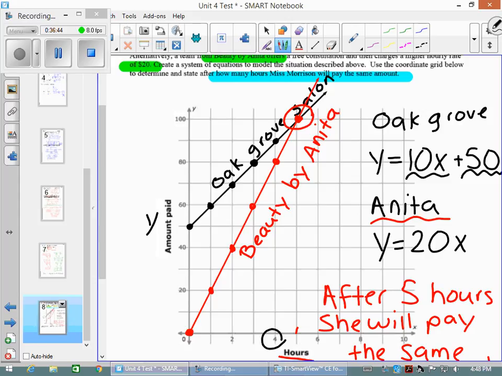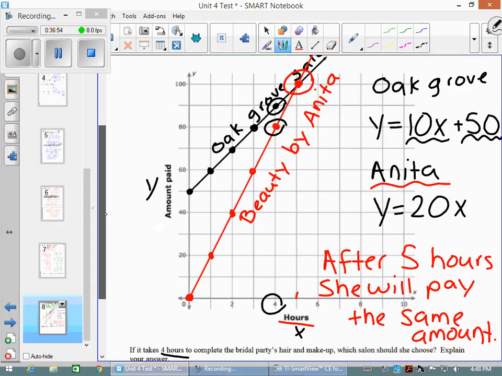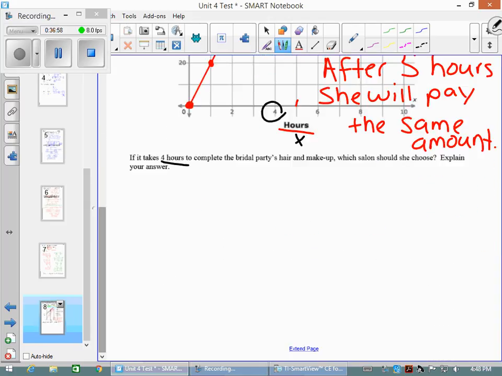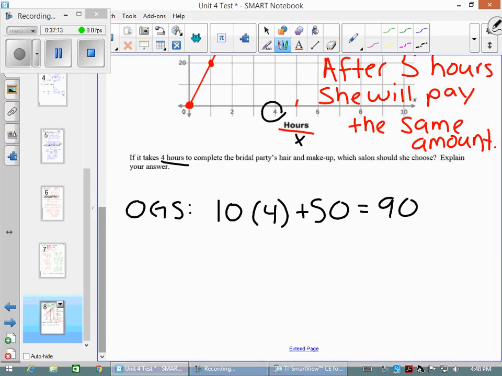But if you want to show that mathematically, Oak Grove Salon, I'm just going to abbreviate, we have that $10 times 4 hours plus that $50 initial fee, that's going to be $90. And our Beauty by Anita is going to be that $20 times 4 hours, and there's no initial fee. So that is going to be $80. So somewhere on here, you just need to say which one you would choose.